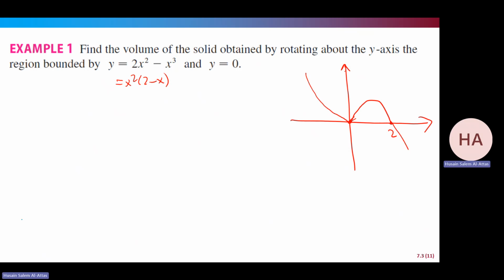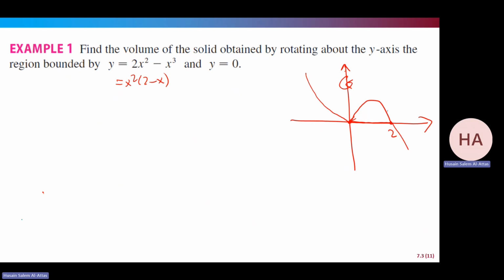And I want the region bounded by this and y equals 0, which means the x-axis. So I'm talking about this region. Okay, I want the rotation about the y-axis. So it's better to take the line parallel to the axis of revolution. If I take it perpendicular, then I have a problem, which means I need to write this in terms of y, which will be complicated.